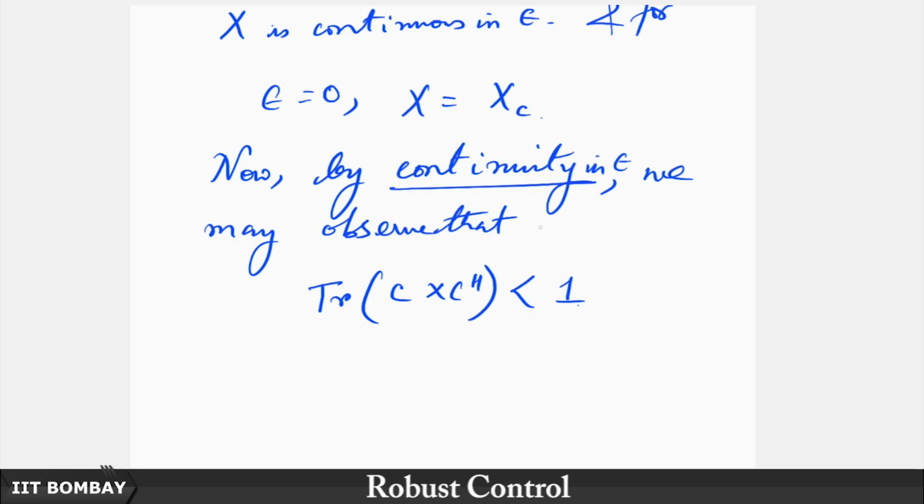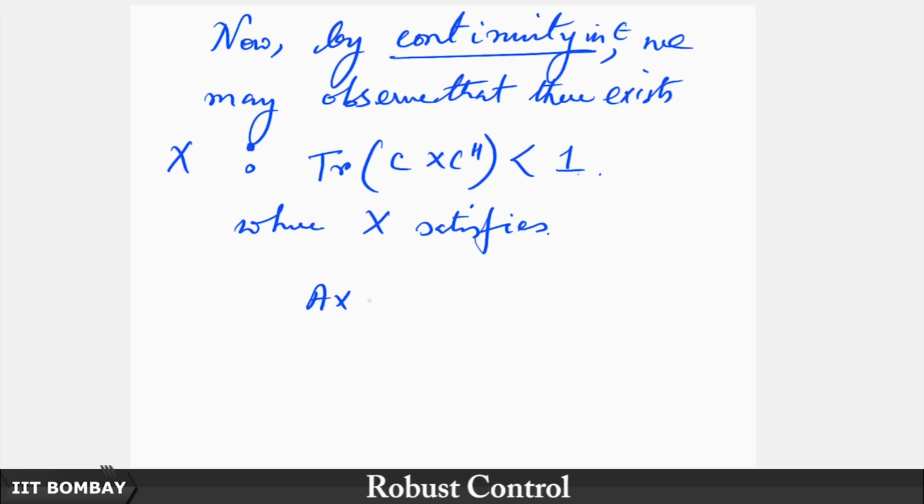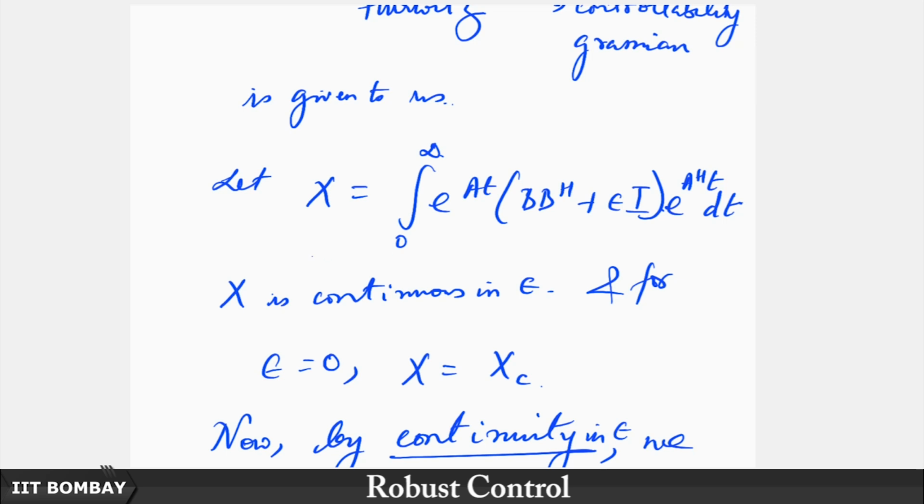That there exists X such that this holds, where X satisfies, hold on, what does X satisfy? X satisfies AX plus X A Hermitian plus B B Hermitian plus epsilon I is equal to 0. You can just check that if you plug in this, I leave that to you as an exercise.